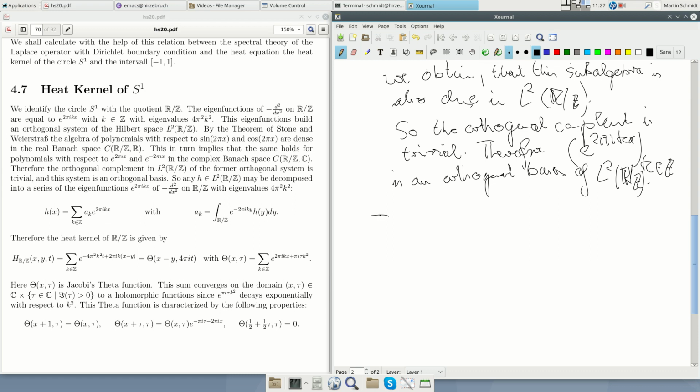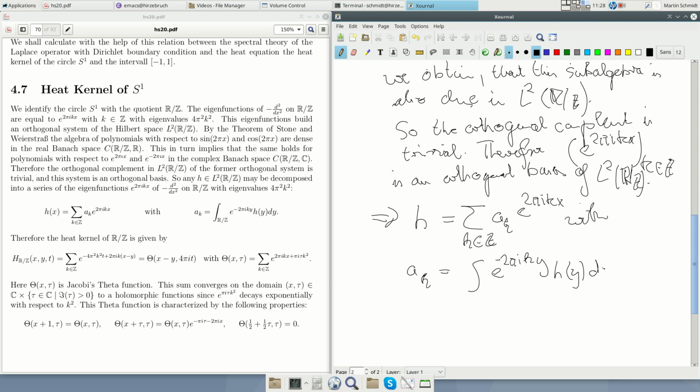So this means we have h equal to the sum over k in Z of a_k times these exponential functions 2 pi i kx, with a_k the integral from 0 to 1 of h(y) times exponential 2 pi i k y, complex conjugate, dy.